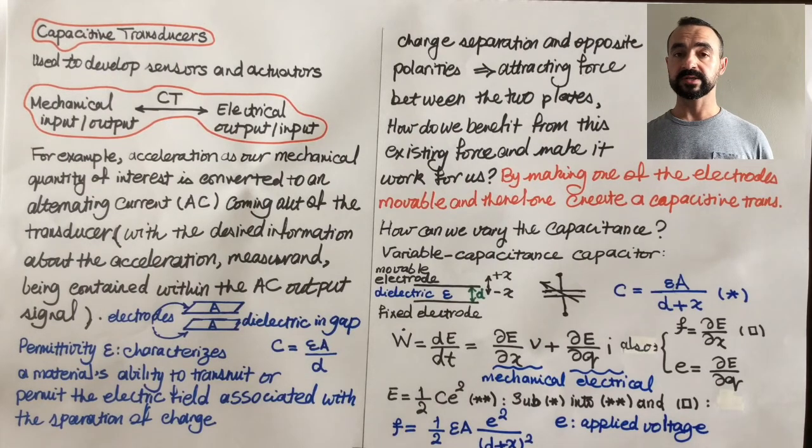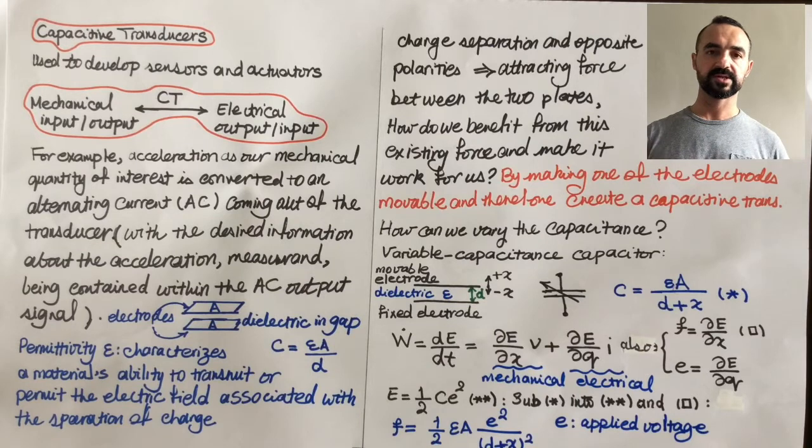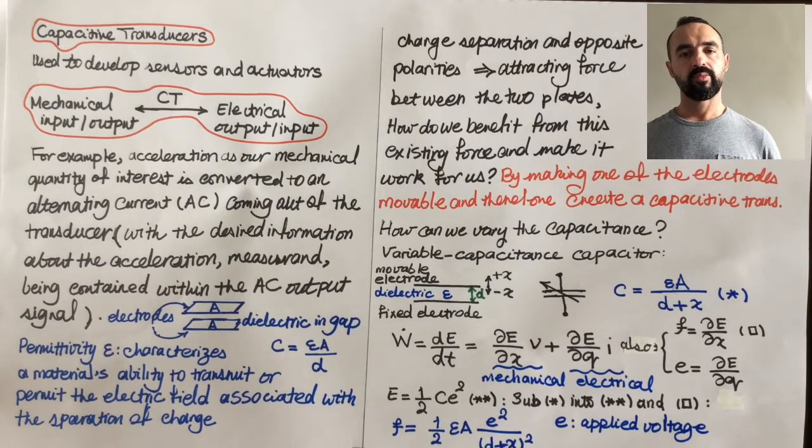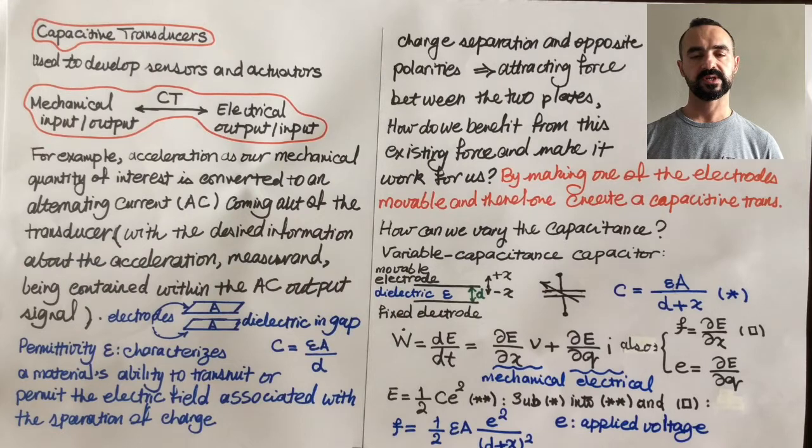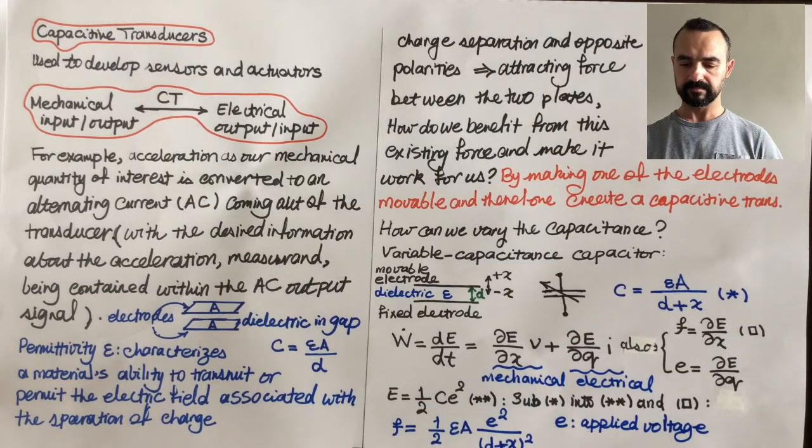Then we process the output current to extract the acceleration of the body. So we attach the accelerometer to the body, and this accelerometer generates a voltage signal, and we process that voltage to deduce what the acceleration of the body is.